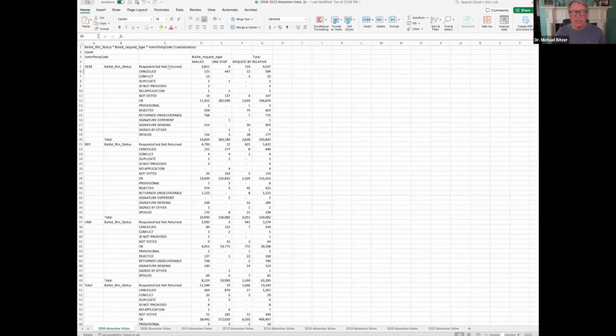In some years you will also see different categories. For example, in the '06 data, column F says requests by relative. Others will have fax or email columns. Anything that's not a one-stop is basically a mailed ballot of some kind.